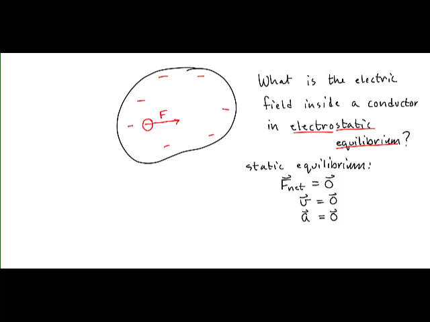Now, we know that the force is equal to the charge times the electric field. If it were to accelerate, then there would have to be a net force. If there were a net force on that charge, then it would not be in static equilibrium, because equilibrium requires the net force to be zero.